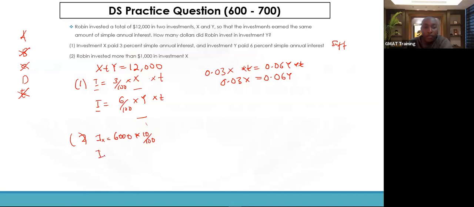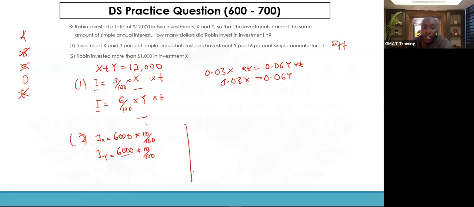And the interest of Y as 6,000 times 10 over 100. All right, these are equal. Therefore, the value of Y is 6,000 because the interests are the same.